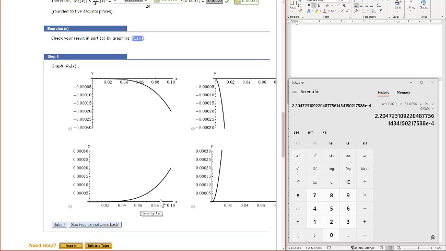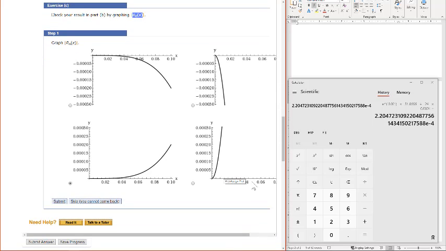We want to see the graph at 0.1, and it's about 0.0002, and so I think this is a good candidate for this. The other one doesn't reach 0.0002 is right here, but 0.1 is not farther away, so I think it's going to be this one in the corner.